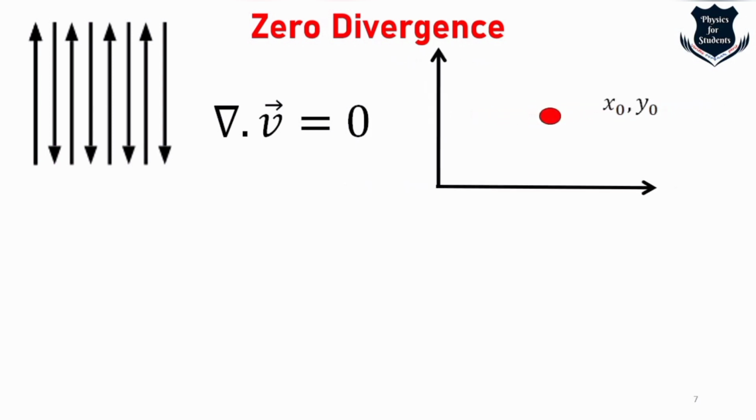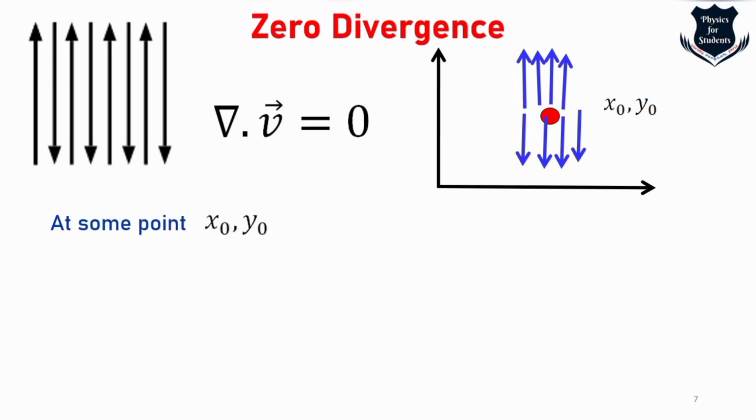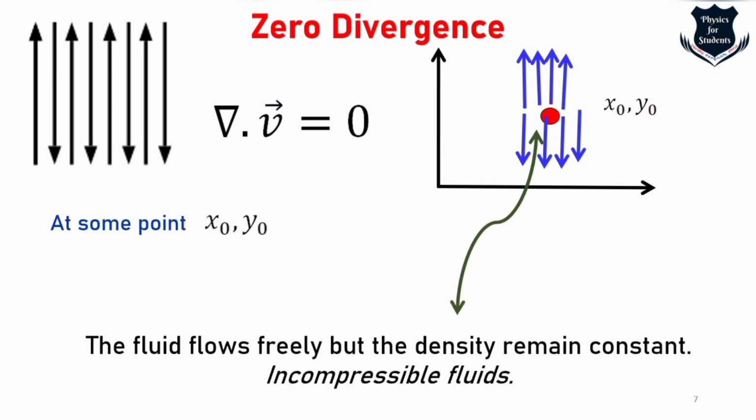Say, for example, this is again x0, y0, and these are going out, coming in, going out. So obviously at some point x0, y0, this equation becomes equal to 0. So the fluid flows freely, but the density remains constant, and this is the case of an incompressible fluid. So this is actually zero divergence.